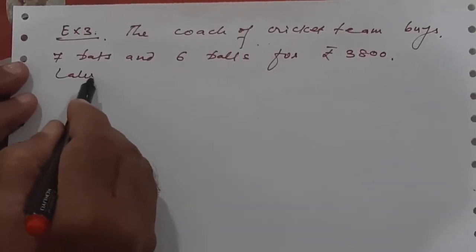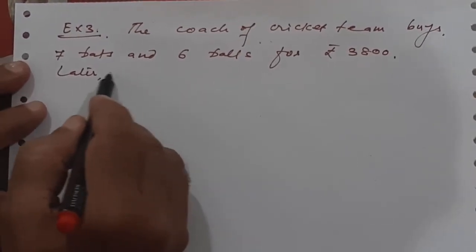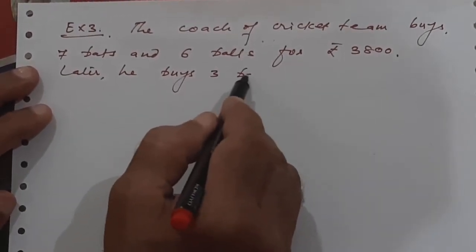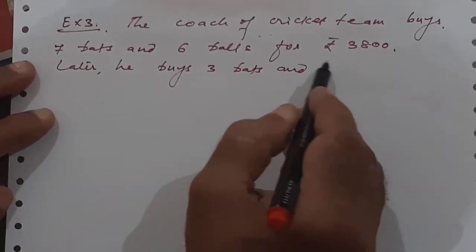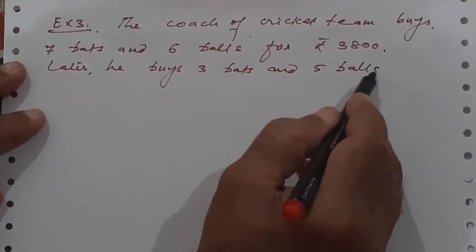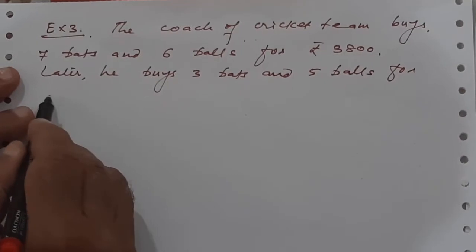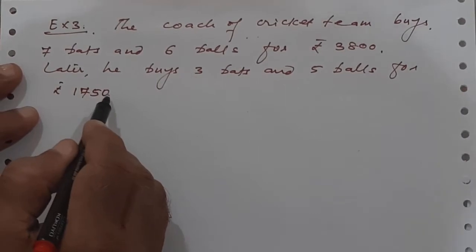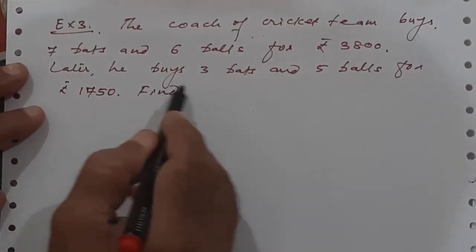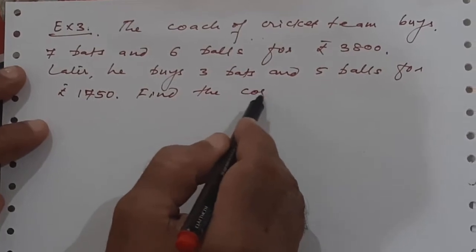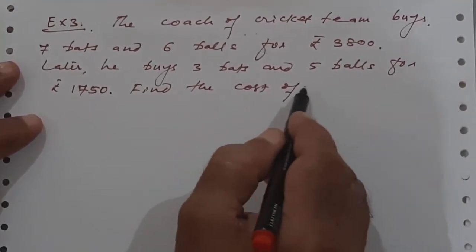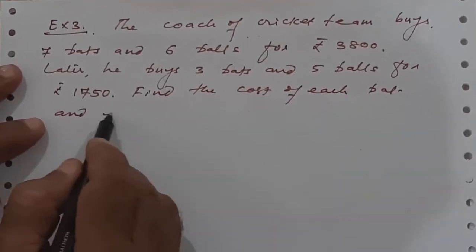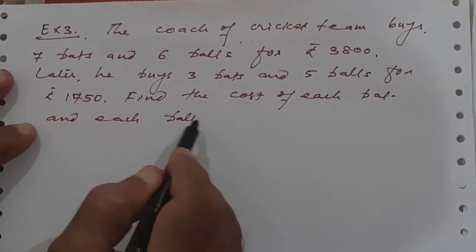Later he buys 3 bats and 5 balls for rupees 1750. Find the cost of each bat and each ball. Very simple it is.